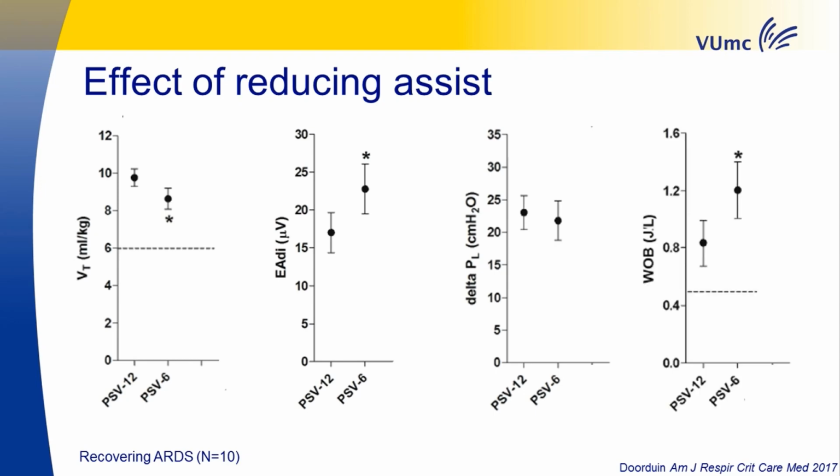But this is what I want to show you. If you look at the work of breathing, and a normal work of breathing is 0.4 joule per liter, right here, this group of patients already had a work of breathing around 0.8 joule per liter at 12 of pressure support. And what almost everybody in this room would do is reduce your level of inspiratory assist, but what will happen is that there is a tremendous increase in the work of breathing by the diaphragm to 1.2 joules per liter.